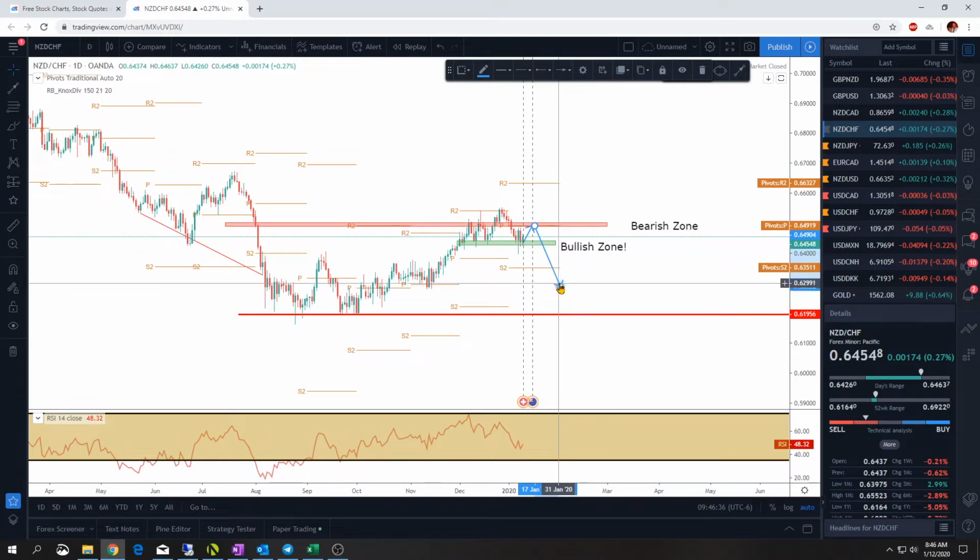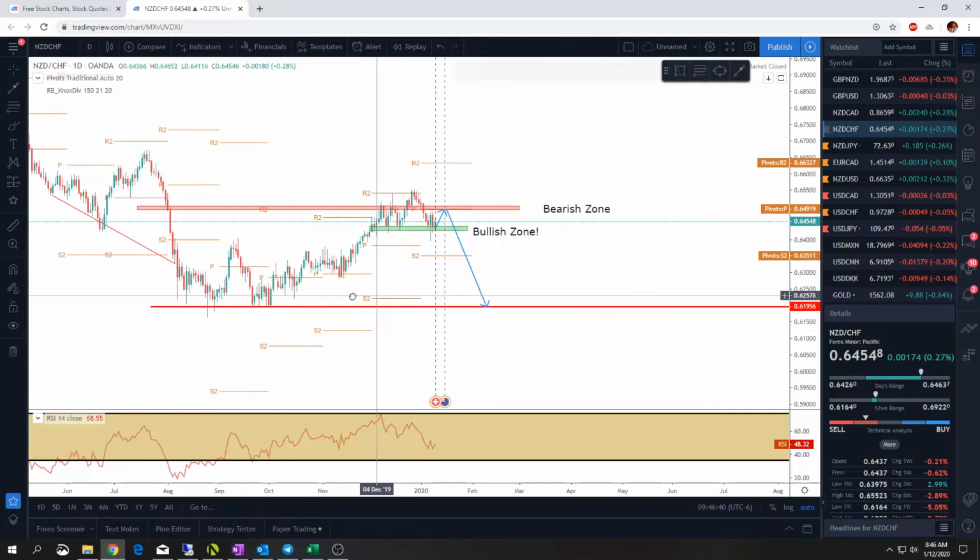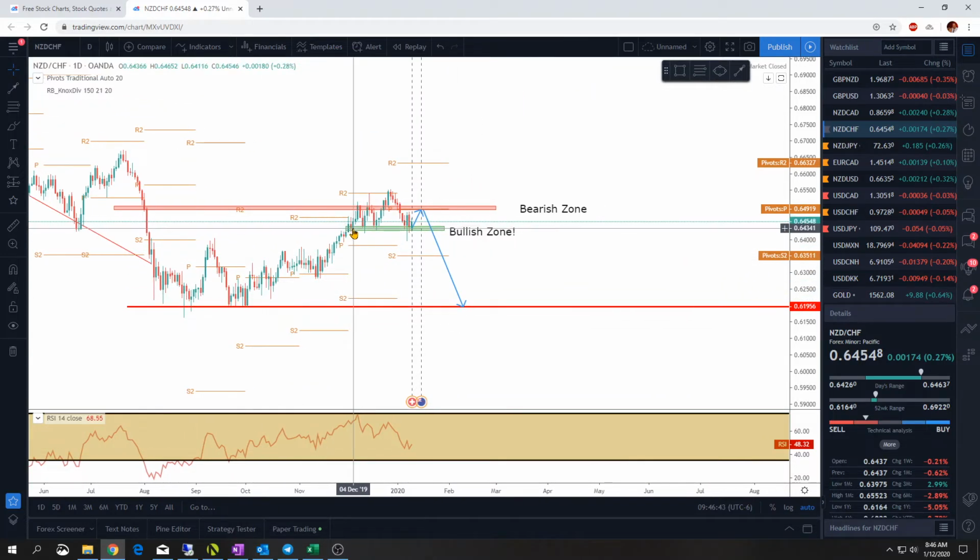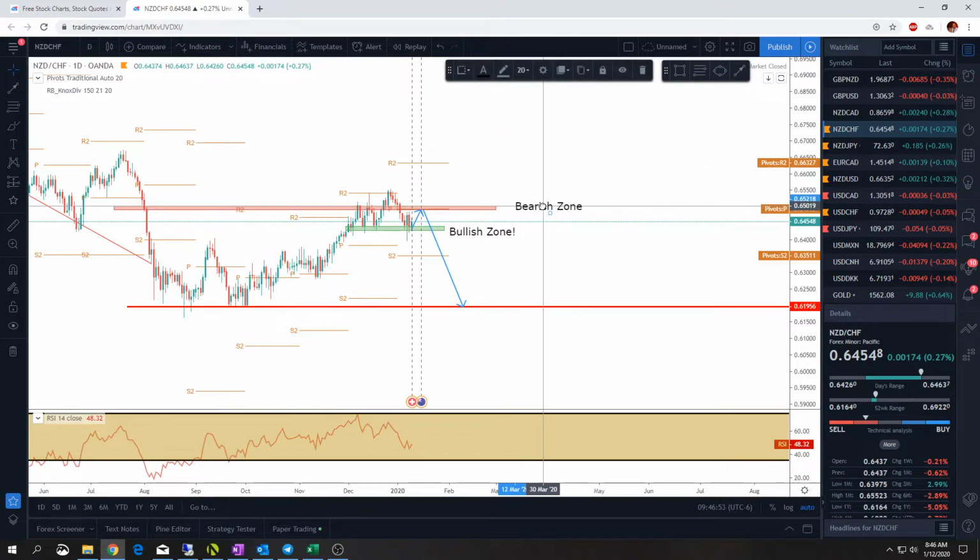And then we got some really good downside here. Some traders might wait for a break of this neckline, and then they have a lot of downside. So I like this pair short if we get up to this pivot level and start to form this head and shoulders.